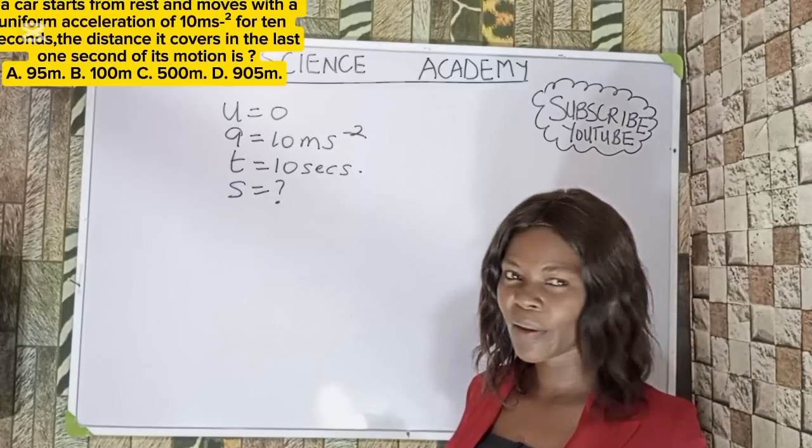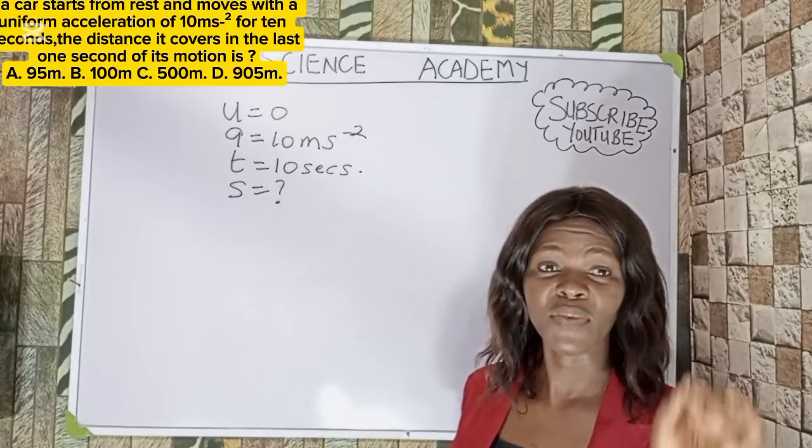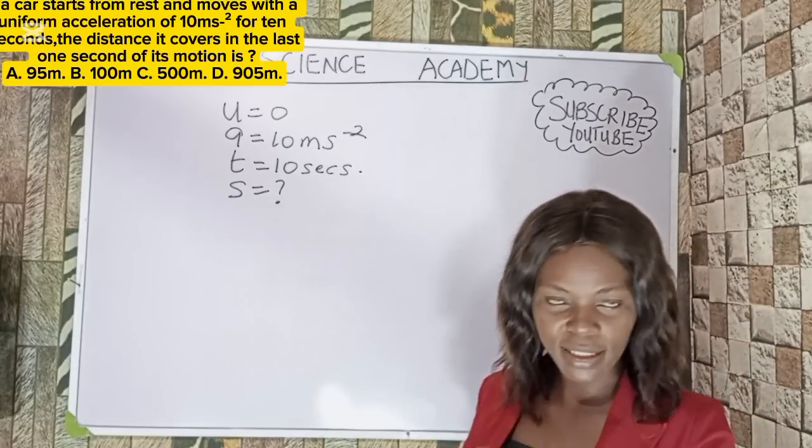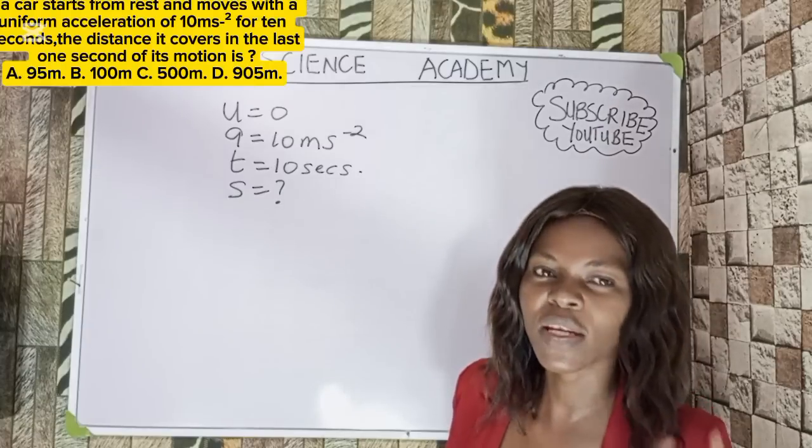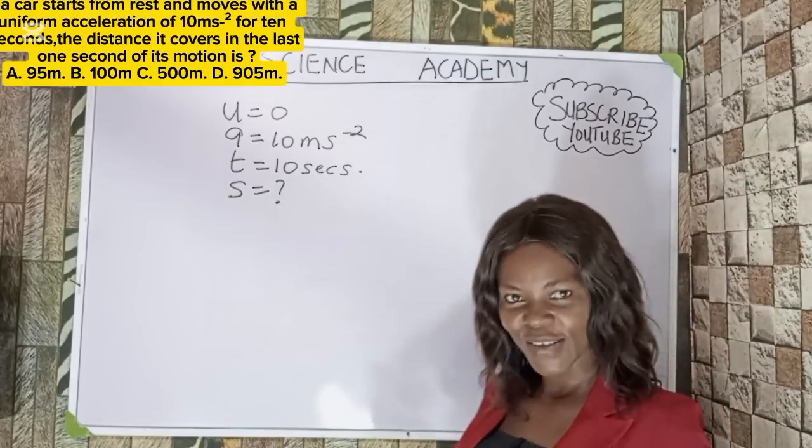Now, before we can talk about what to do, you must remember that we have the equations of motion. So I'm going to state it here so you can know the particular equation that will fit into what you are looking for. So let's go.